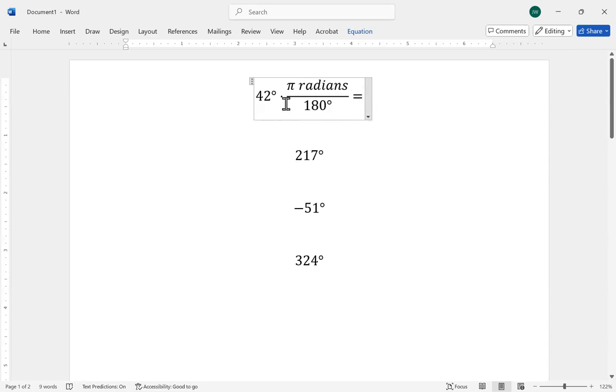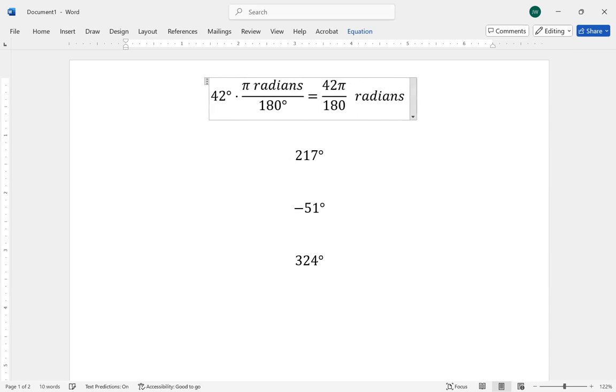So multiply 42 times pi, that will go in the numerator, and then 180 will go in the denominator, and our label will be radians. So 42 degrees is 42 times pi over 180. Now 42 over 180 can be simplified. That simplifies to 7 over 30.